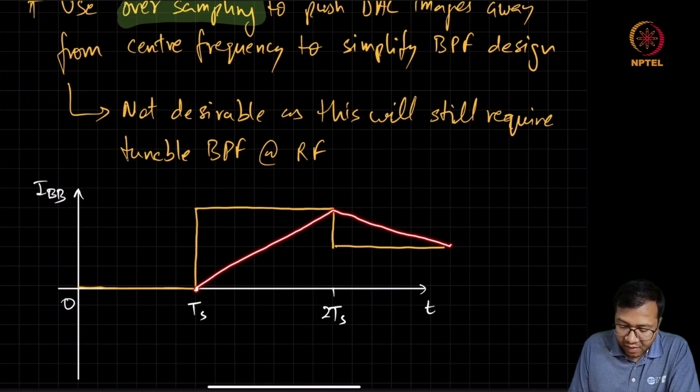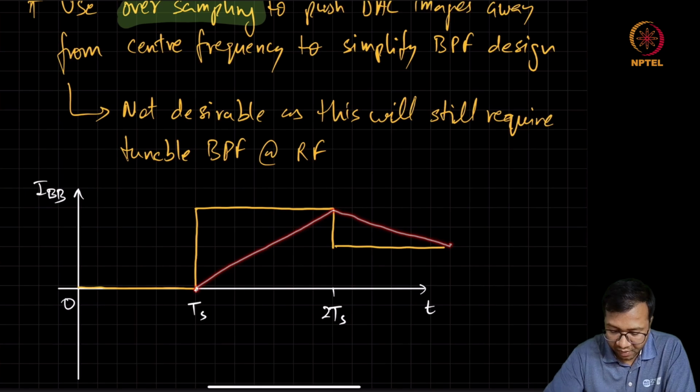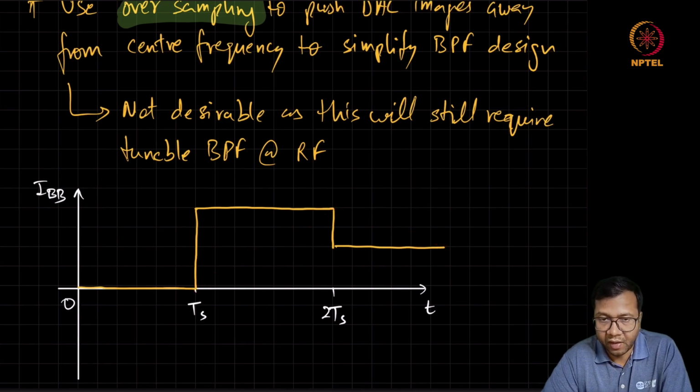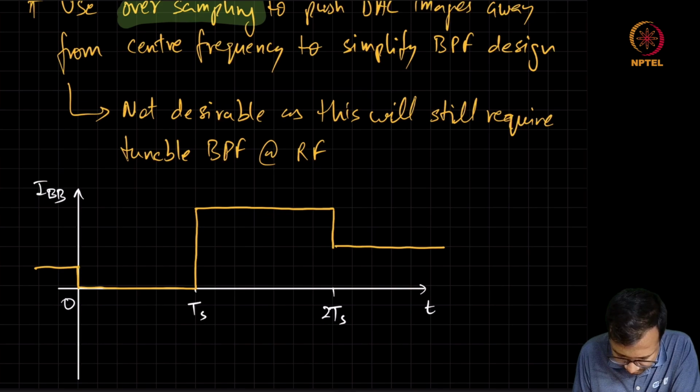So this kind of DAC gives better filtering than the simple zero order hold, and we know that this is going to add a sinc square kind of filtering for the DAC images. So this is the first approach which we can try to attenuate the DAC images. So the linear interpolation will look like this.